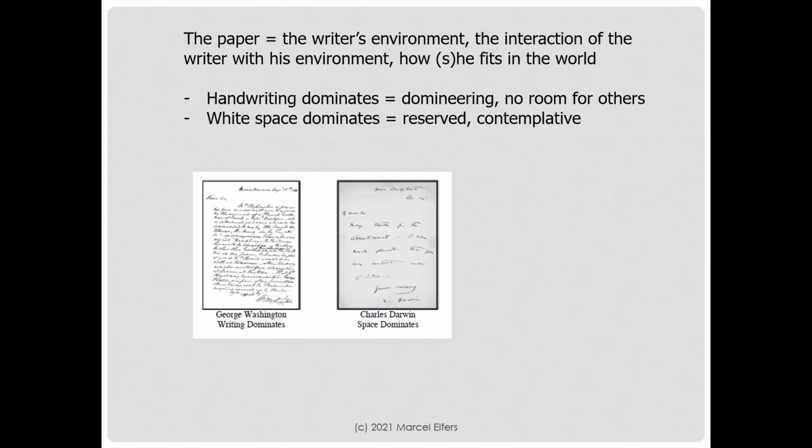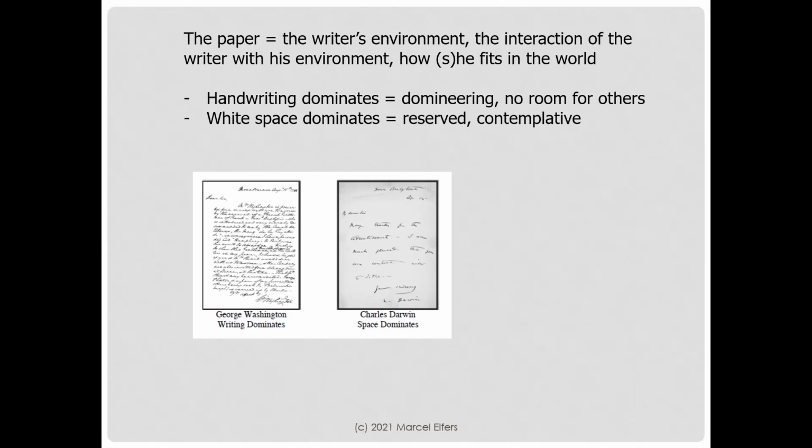In the George Washington sample on the left, we see that George Washington's writing overwhelms its paper. So the person, George Washington, places himself on the paper and he sees himself as more important than others. He was a more domineering individual, did not leave room. Whereas in Darwin's writing, the white space dominates.